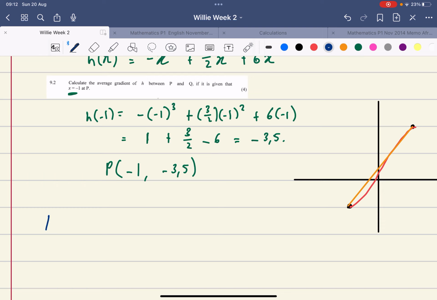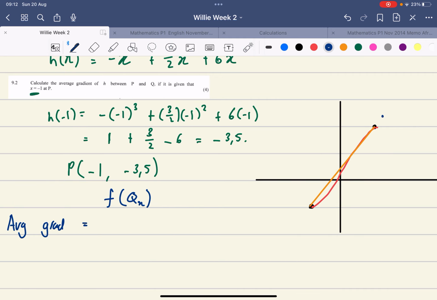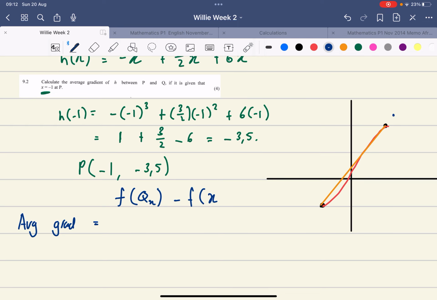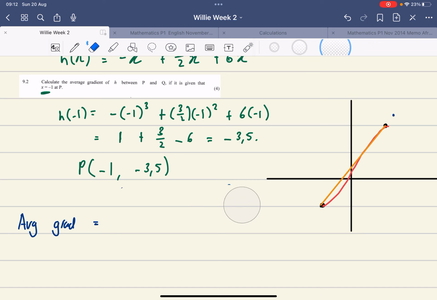So the average gradient is equal to f of xQ, which is just the x coordinate of Q, minus f of xP, which is just the x coordinate of P. In fact, that's not great, is it?